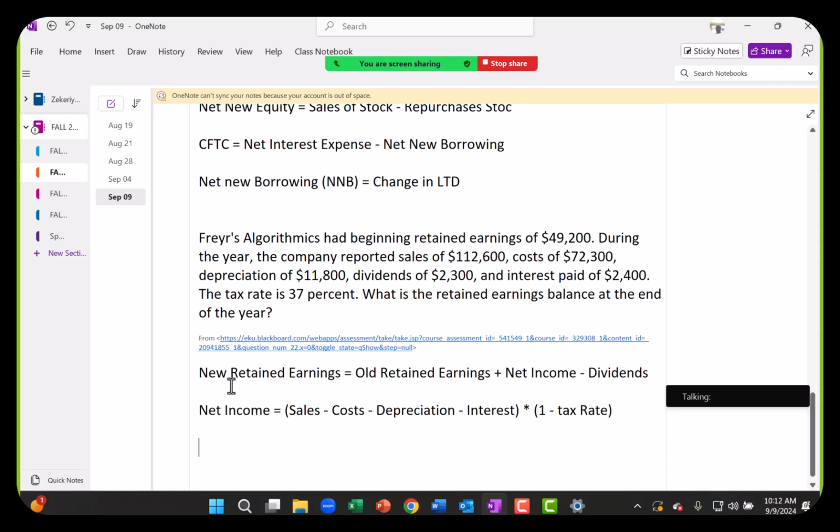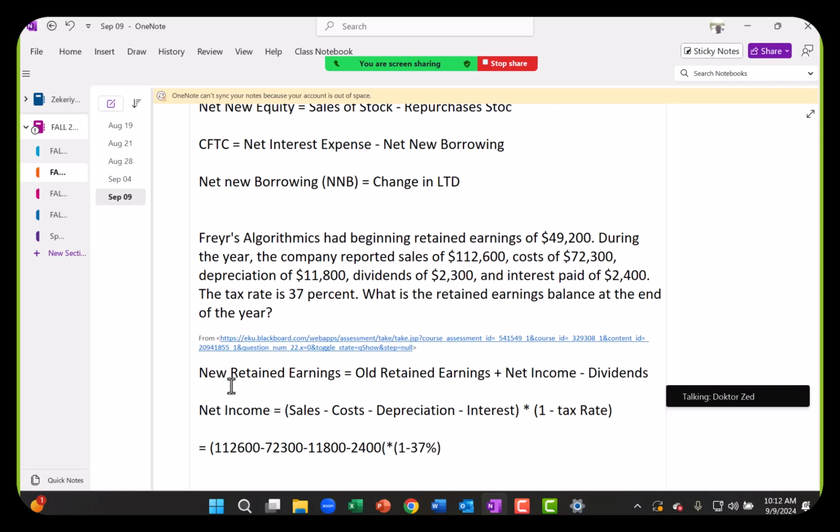And we have all the inputs. All we have to do is put them in. Sales are 112,600 minus 72,300 minus 11,800 minus 2,400 times 1 minus 37%.